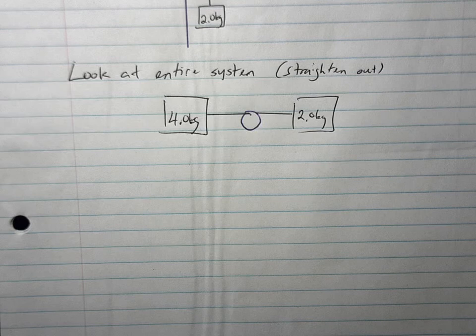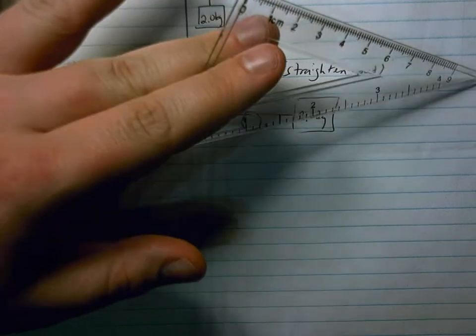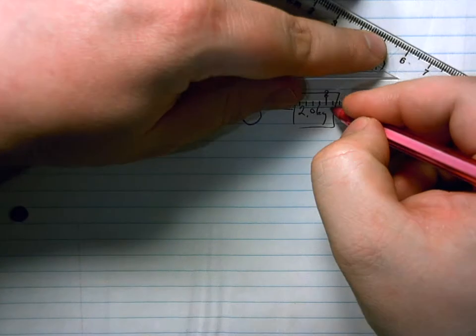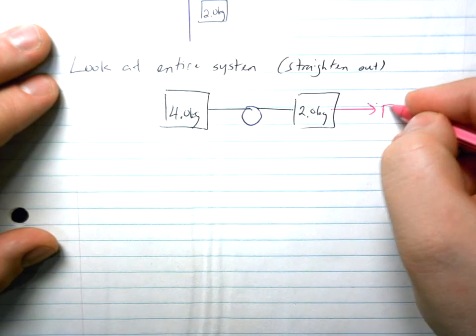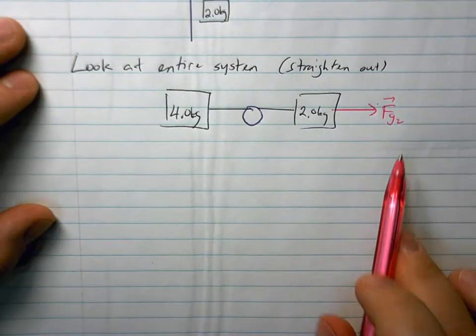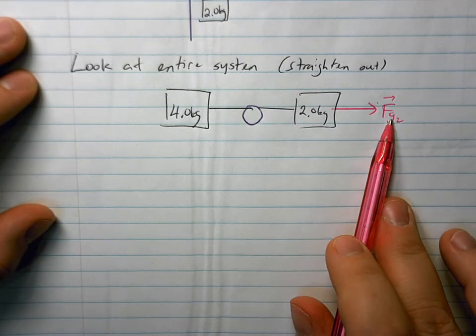Now, if we want to look at the whole system, we have to look at what's going on. In this system, you have to remember that there's going to be a force of gravity on this second mass, and this is what's going to be driving the system.